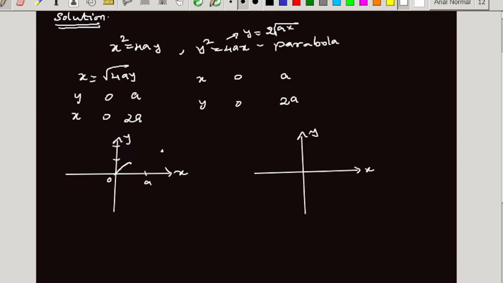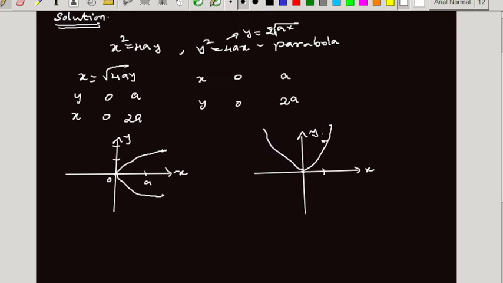So here we can draw the approximate diagram, and the reciprocal is this one. For this one, x is 0, y is 0, and x is a, y is 2a. So the symmetrical of this one is nothing but this one.